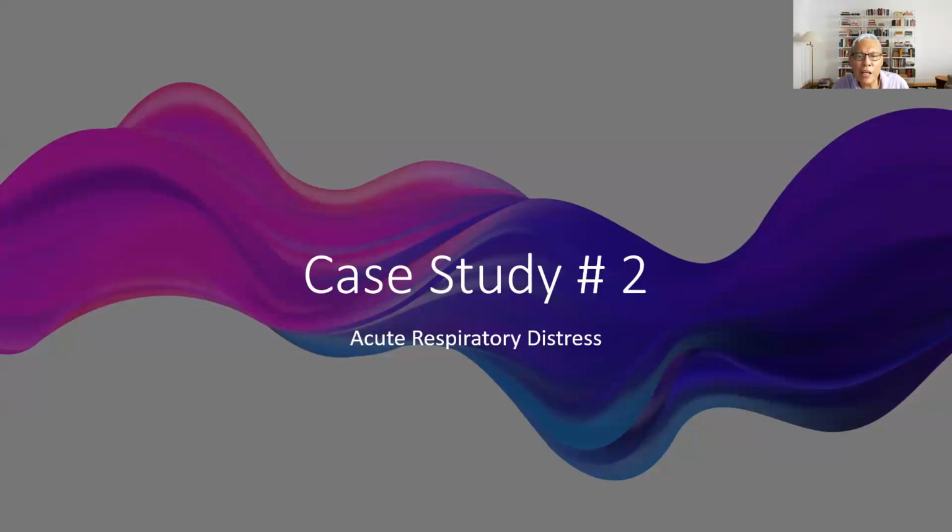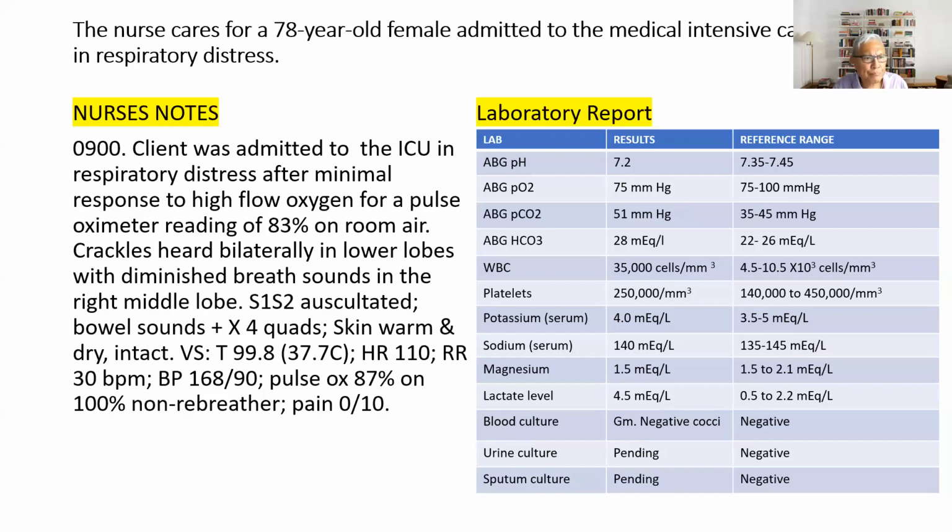So we have a 78-year-old female admitted to the medical intensive care unit, and the client was admitted to the ICU in respiratory distress after minimal response to high flow oxygen for a pulse oximeter reading of 83% on room air. Crackles were heard bilaterally in the lower lobes with diminished breath sounds in the right middle lobe.